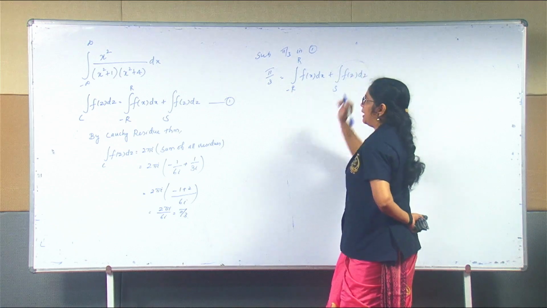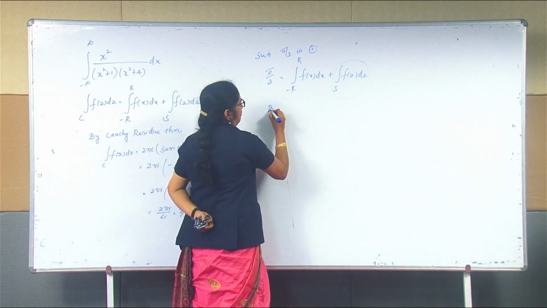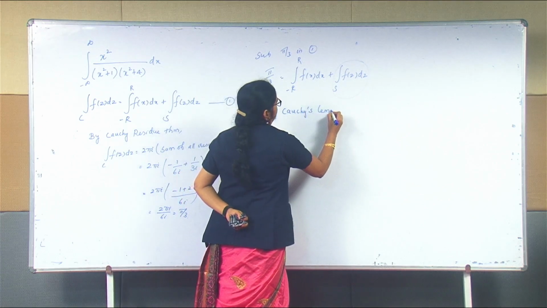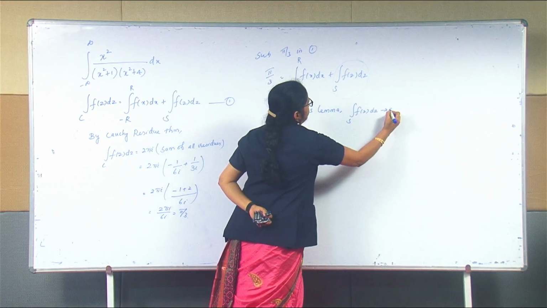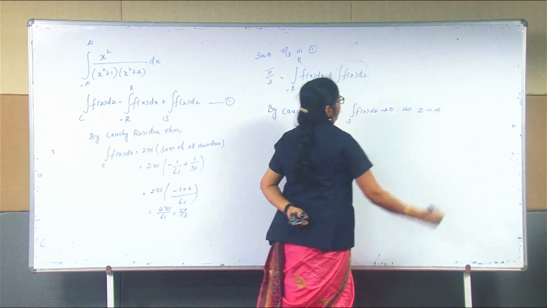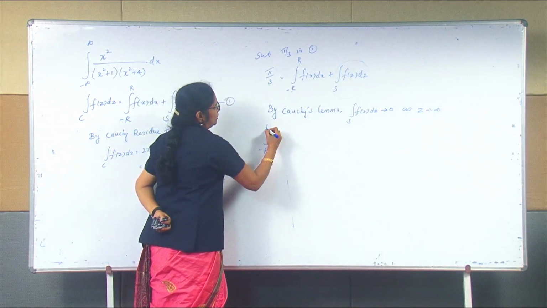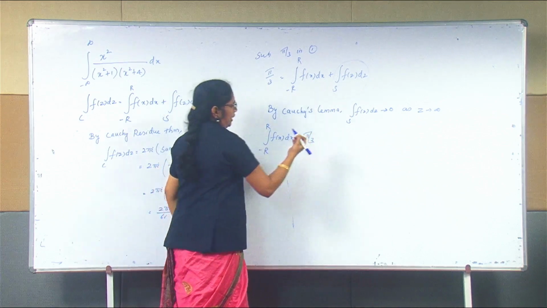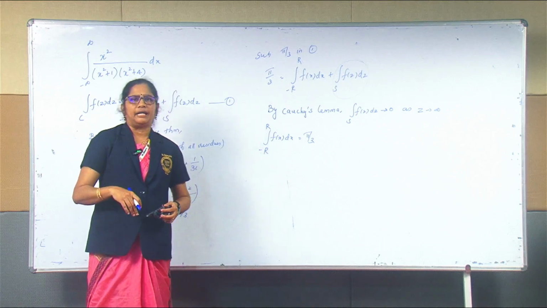By Cauchy's lemma, the integral over s of f of z dz tends to 0 as z tends to infinity, so that part is 0. So the integral from minus r to r of f of x dx equals pi by 3. Actually, in our question it is minus infinity to infinity, but here it is minus r to r.